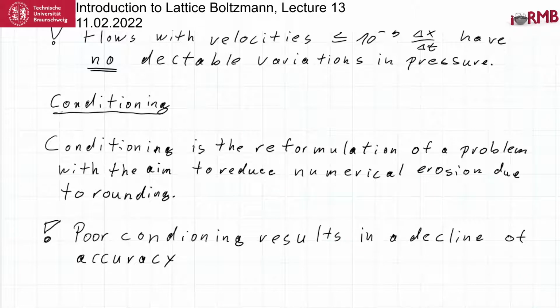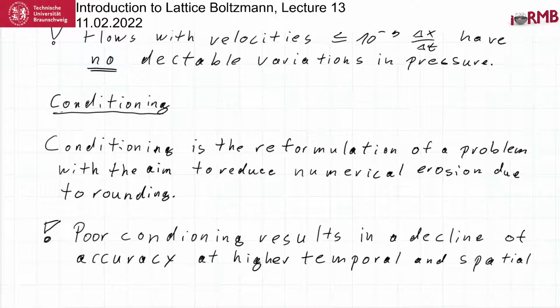So you should usually think that the higher you resolve, the more accuracy you get, but due to round-off errors, you can actually have more errors and worse results than at larger time steps due to these problems with the round-off errors.